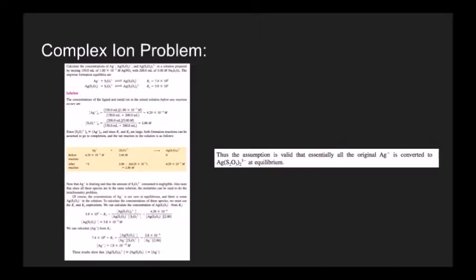By taking products over reactants, we find the concentration of Ag(S2O3)- is 3.8e-9, and similarly you can do that to find Ag+ using K1. Thus, the assumption is valid that essentially all the original Ag+ is converted to Ag(S2O3)2 3- at equilibrium.